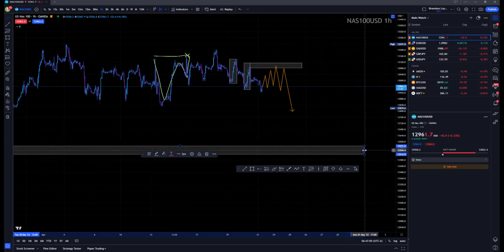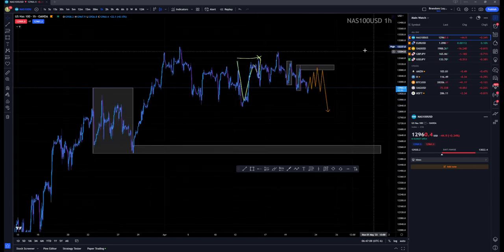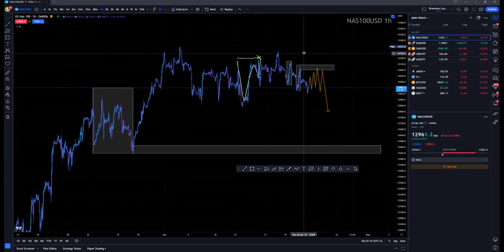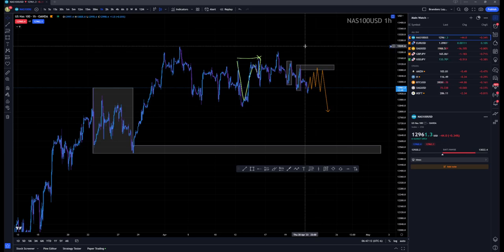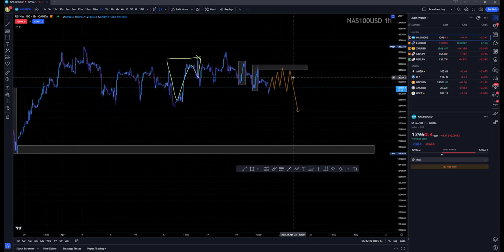That is the range that we look to take sells down to and then buys up from, with the expectation to ultimately run these highs at 13,239.2 points.